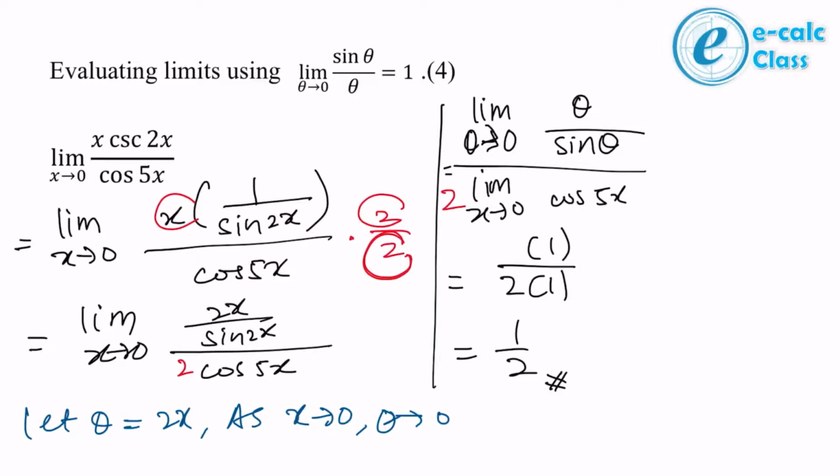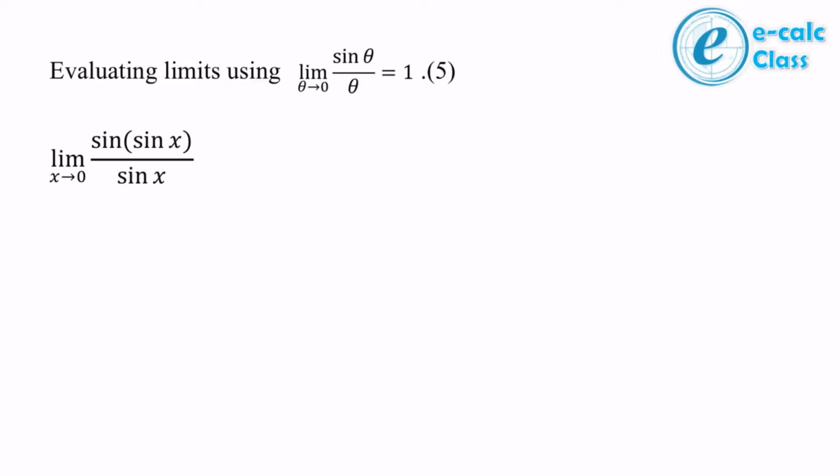Alright? Then next, we have sine x as our theta this time. But actually, you know what? It is actually the same. You can directly let theta equal sine x. So as x approaches 0, theta approaches sine 0, which is 0, isn't it?